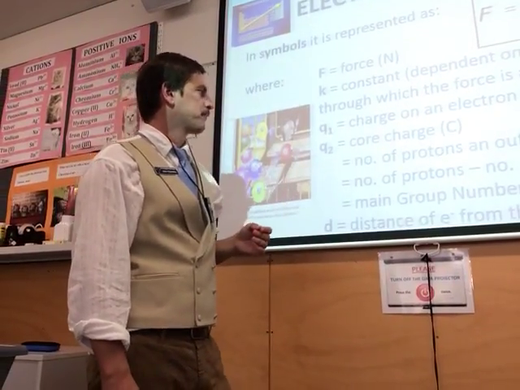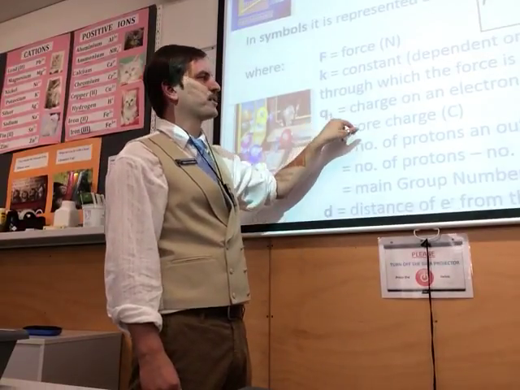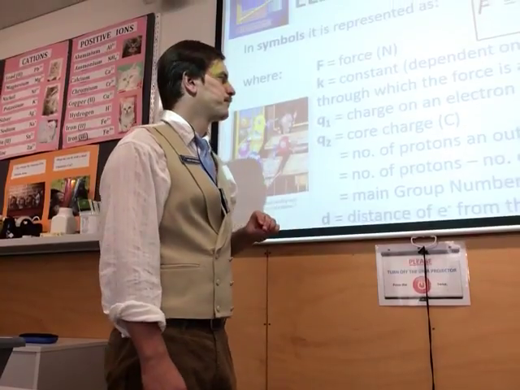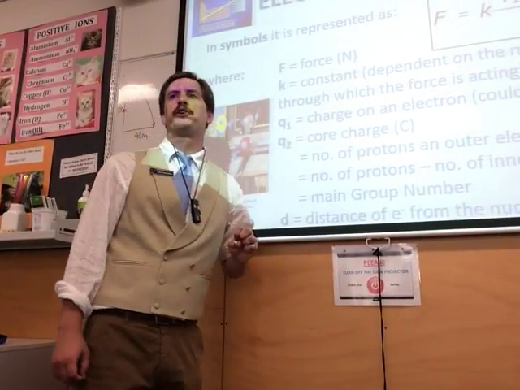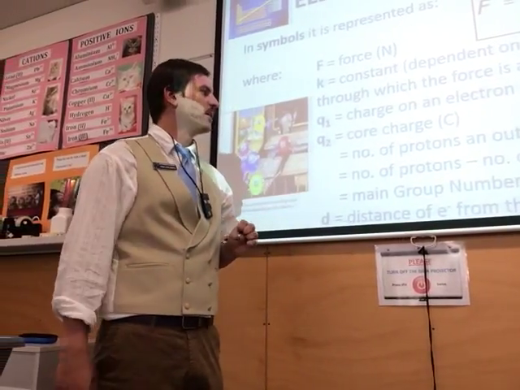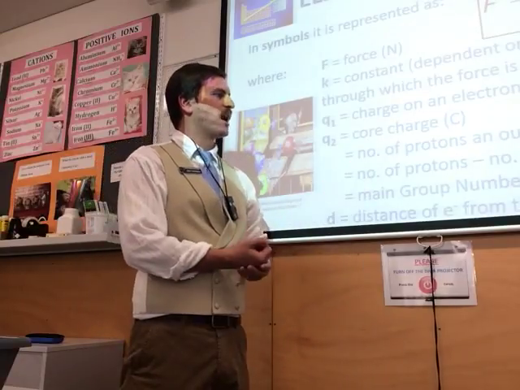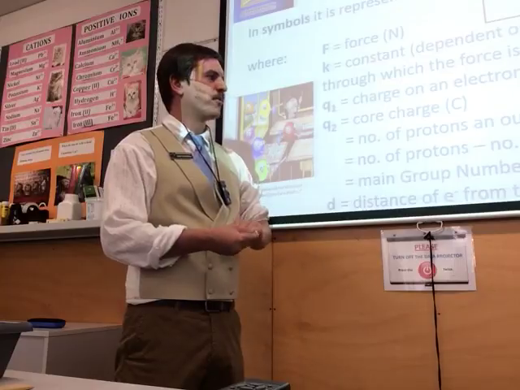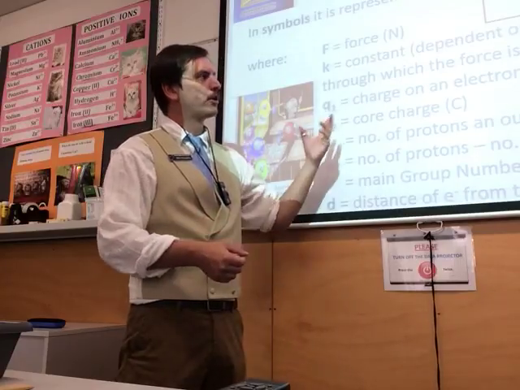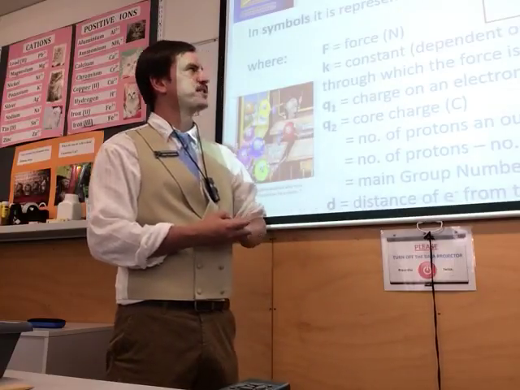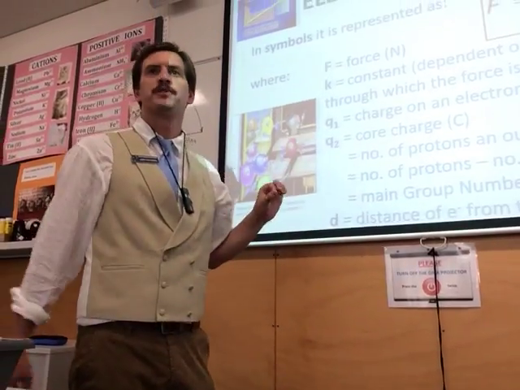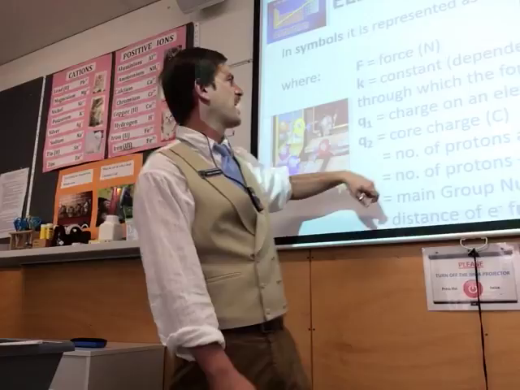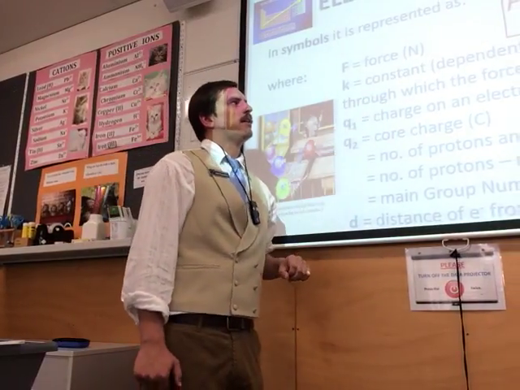And when we look at the charges, Q1 is the charge of an electron, and Q2 is what we call the core charge, the nucleus charge, which is the number of protons an outer electron sees, the number of protons minus the number of inner shell electrons. We'll look at the core charge in depth in a minute, but just to give you the physical representation of that law. Force. K is a constant.